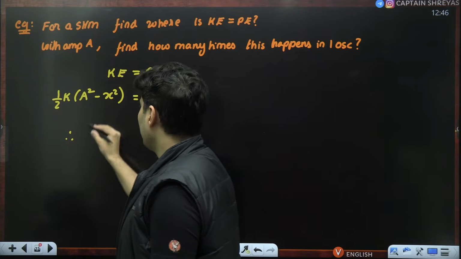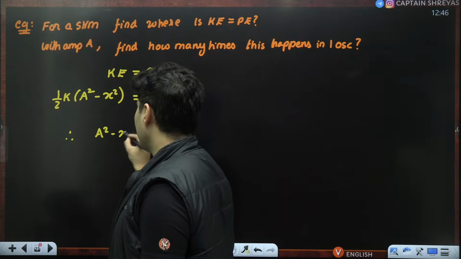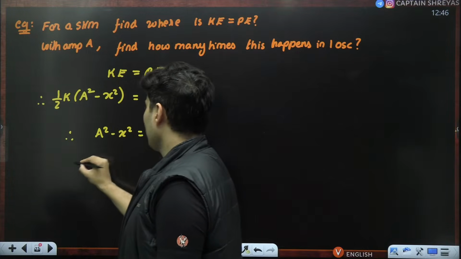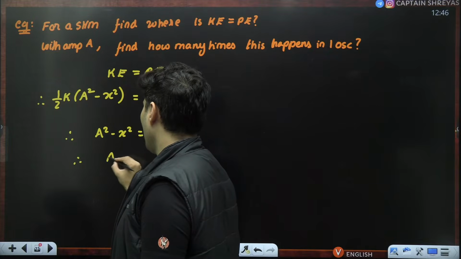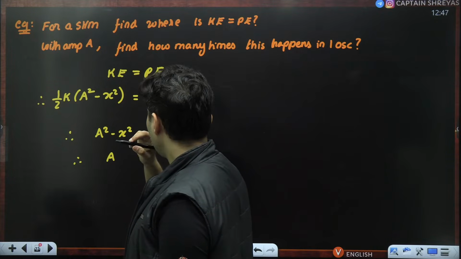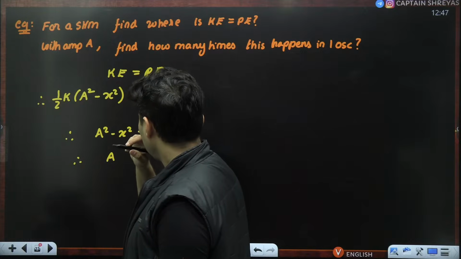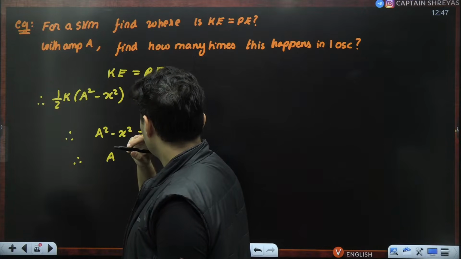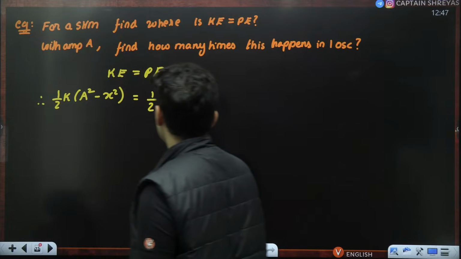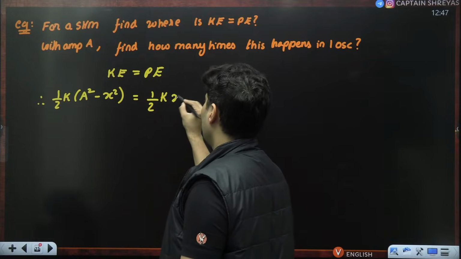Now half k cancels, so a square minus x square is basically a square. Therefore, a square, yeah, oh, sorry guys, I wrote a square over here, my bad. It was supposed to be half k x square.